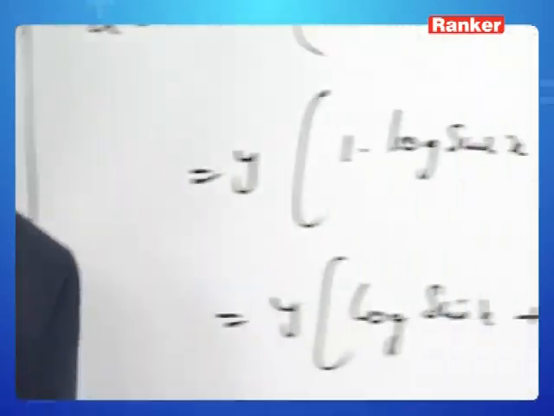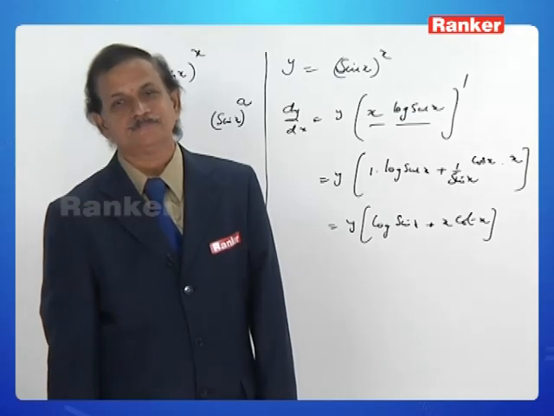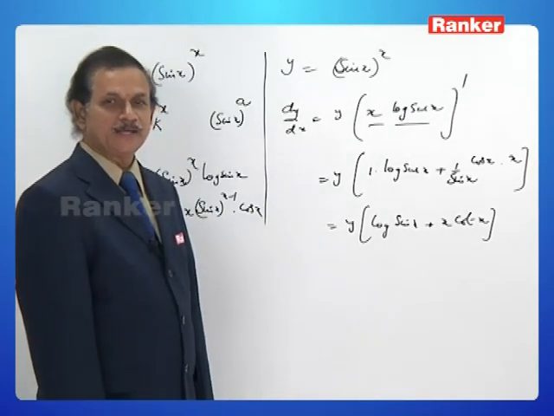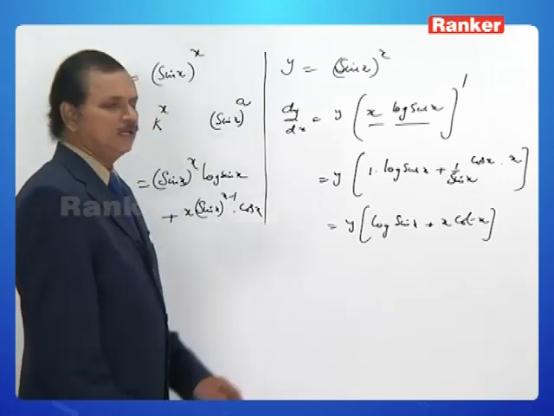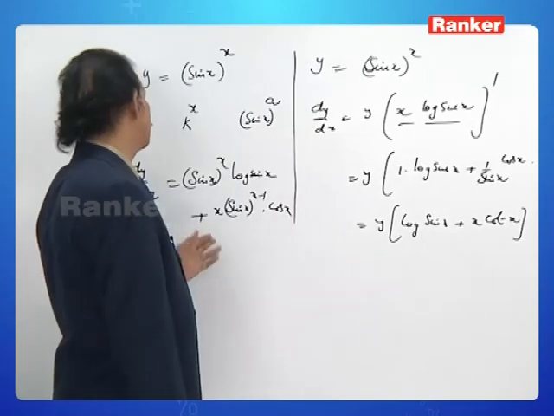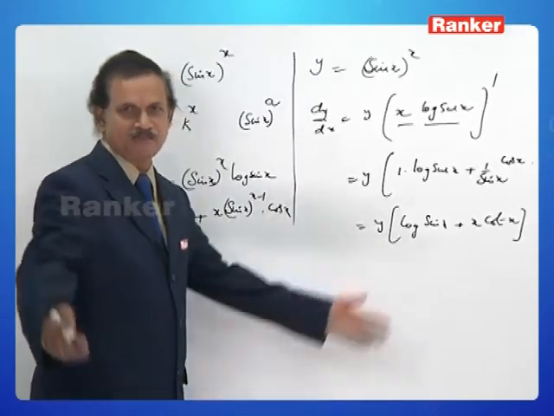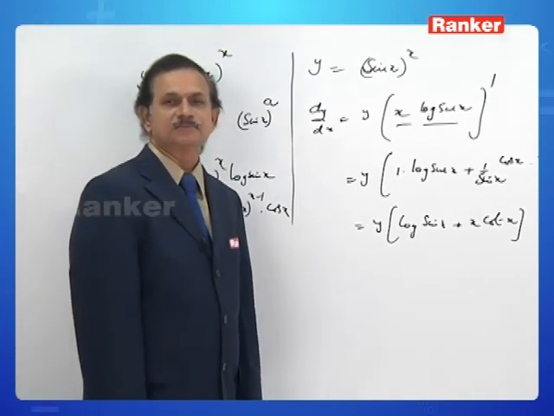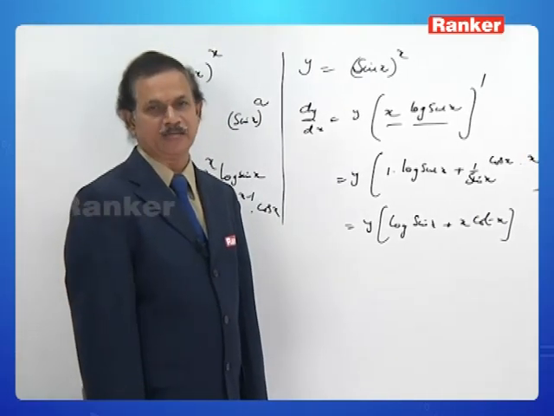Yes, you have it. These are one and the same. In some problems you may find this easier, in some problems you may find that easier. Whatever procedure you like, you can use. Yes, this is the way to get the answer.